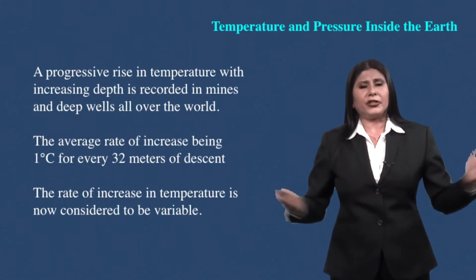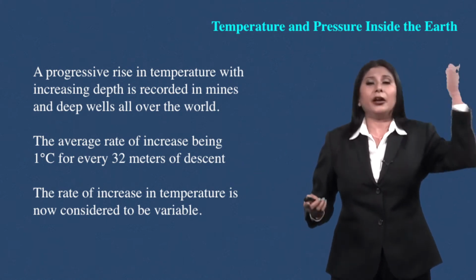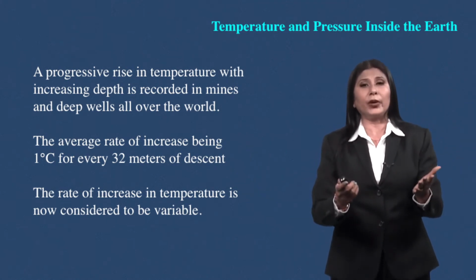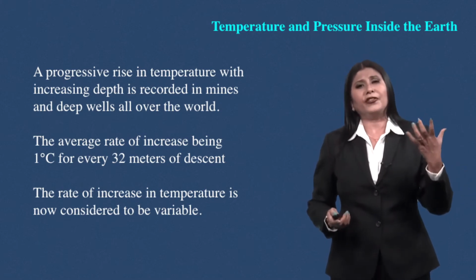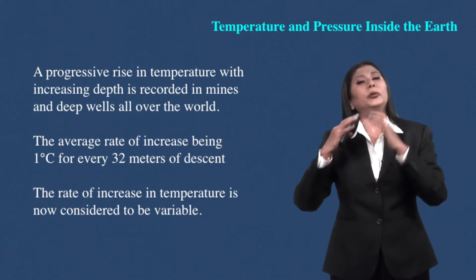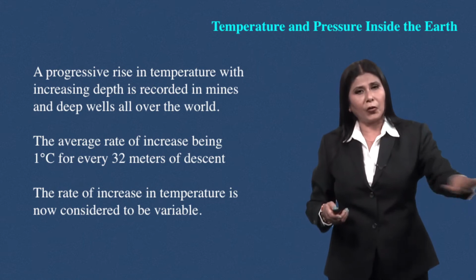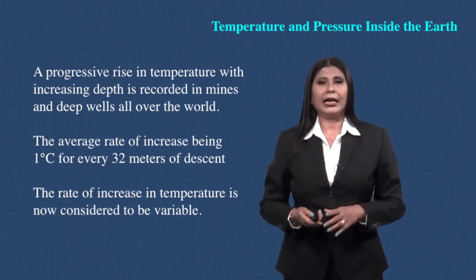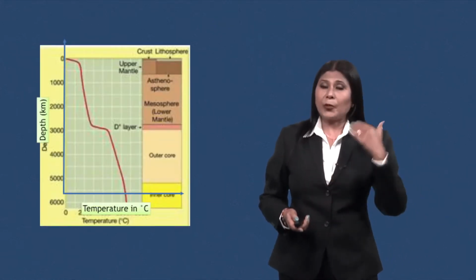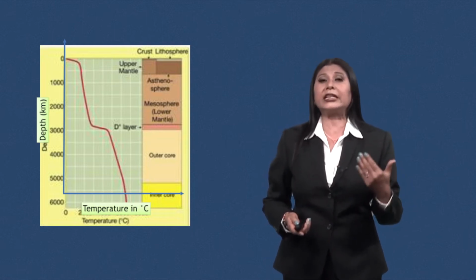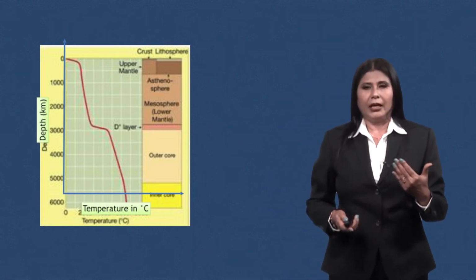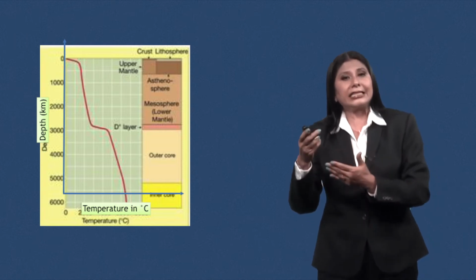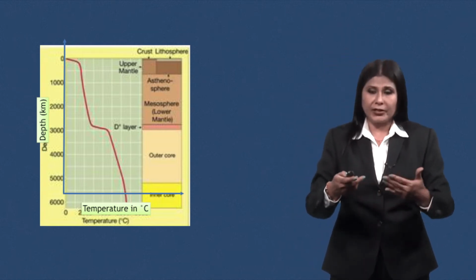If I collect this kind of information for 50, 100 years, for thousands of earthquakes, it is going to give us the data that the interior of the earth is composed of different rocks and different densities. There is a progressive rise in temperature with increasing depth, at the rate of 1 degree Celsius for every 32 meters of descent.